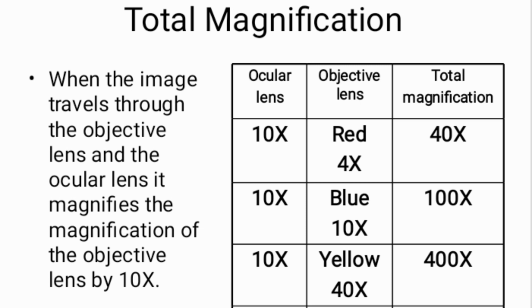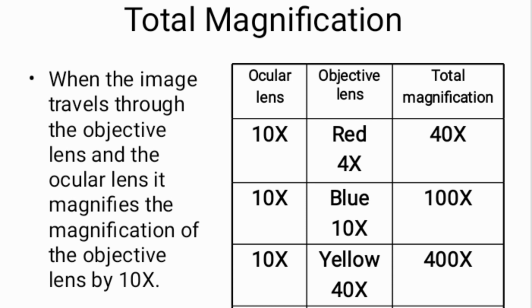The ocular lens magnifies by 10 times, so if you are viewing under the 4 times objective lens, you already know that your total magnification will be 40.